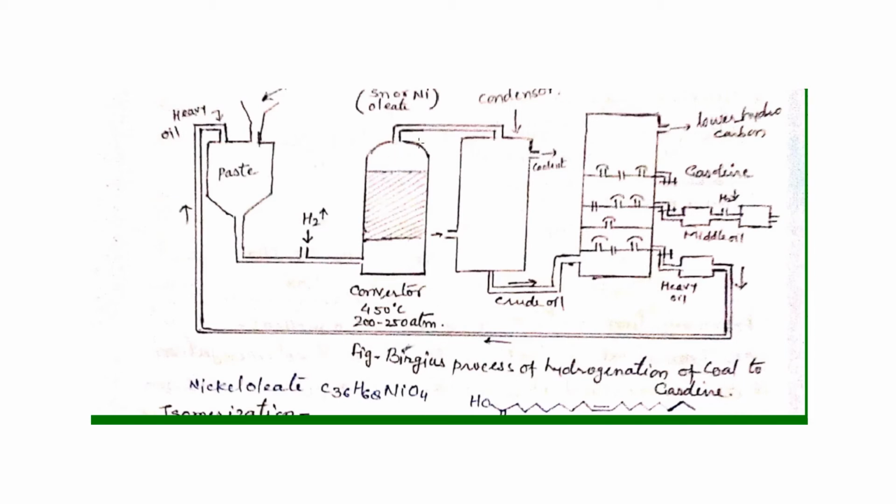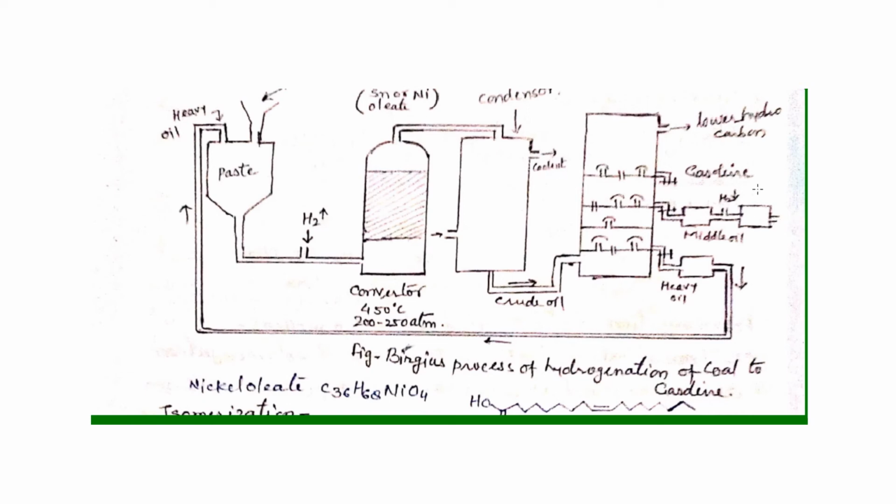From this outlet, vapors of mixtures of hydrocarbon will come here, and then with the use of a condenser, we will condense the crude oil, and here again by doing fractional column distillation, this heavy oil will be collected at the bottom of the fractional column, and from this outlet this heavy oil is again mixed in the paste chamber, while this middle oil we are isolating in this fractional column, and by applying extra hydrogen we will get the saturated hydrocarbon.